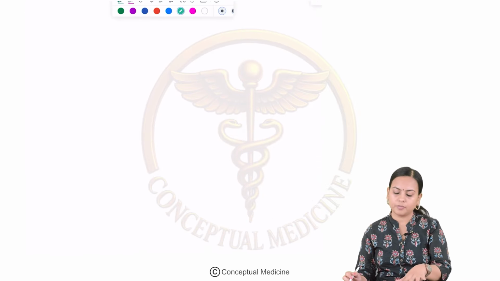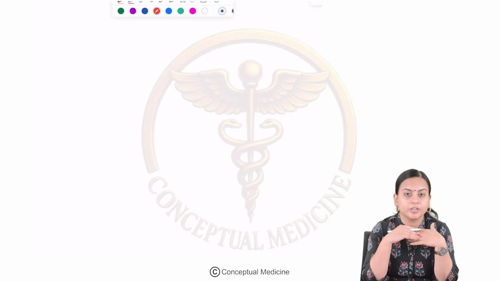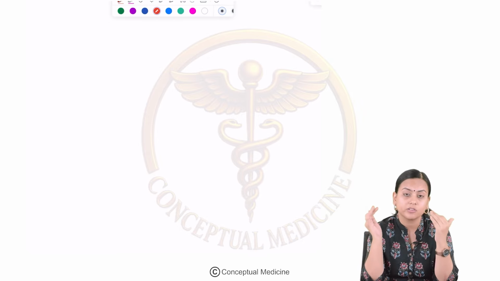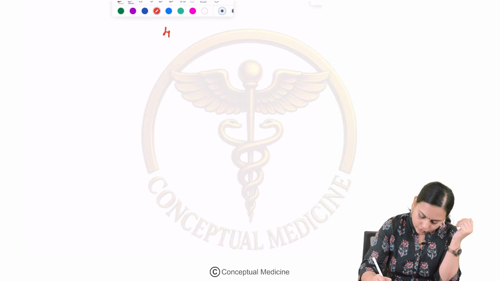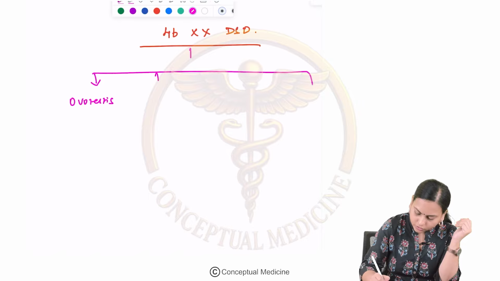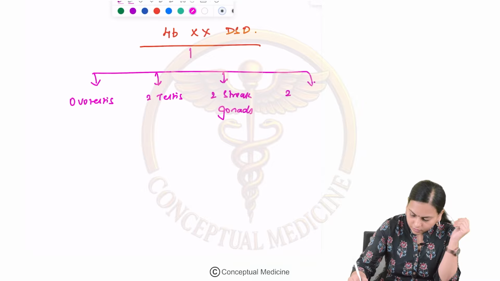Okay, so I hope congenital adrenal hyperplasia is clear for you. Now let's summarize how to come to a diagnosis with a person who is having 46XX disorders of sexual development. Okay, so 46XX DSD means you have to check their gonad. They can have an ovotestis or two normal testes or two streak gonads or two ovaries.